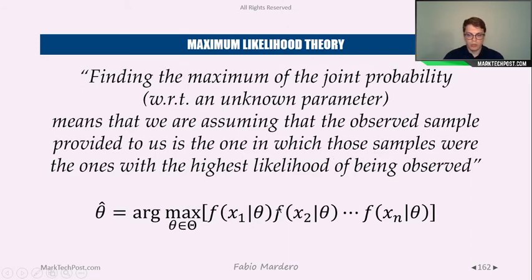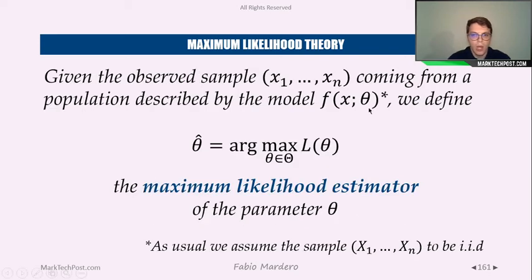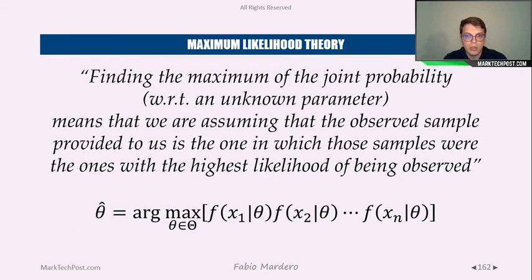But why do we want, let's go back a little bit, why do we want to maximize the likelihood function? Well, the likelihood function here, remember, is the joint probability of the sample. So finding the maximum of the joint probability with respect to the unknown value of the parameter means that we are assuming that the observed sample, what we have seen, what is provided to us, is the one with the highest likelihood to be observed.